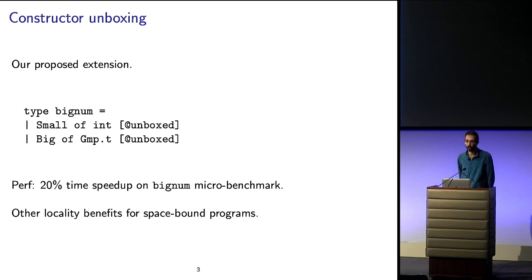Okay, disclaimer, for most programs in real life, you will not see any difference if you add unboxing annotations because functional runtimes are just very fast at allocating stuff and the reference is not that costly when you have good locality. So in most cases, it's not so useful, but in some cases, an expert programmer can add this unbox annotation to speed up the program.